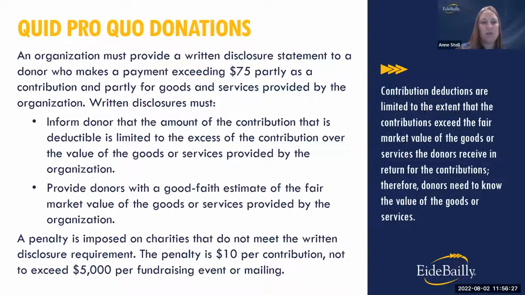You need to provide the donors with a good faith estimate of the fair market value of the goods or services provided by the organization. And this is one where there are penalties. If you as an organization receive a payment over $75 that is partially for contribution and partially for goods or services, you have a significant amount of risk regarding those quid pro quo donations if you do not comply.